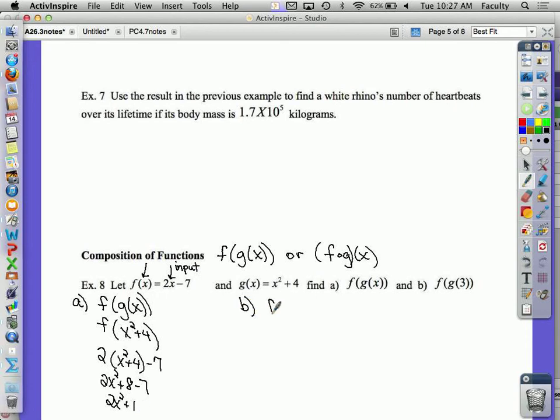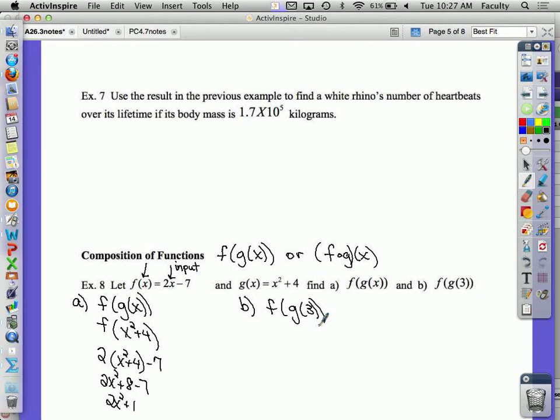Letter B says find f of g of 3. Now, what's really neat is what we were doing with our function machine when we started with 5 and 3 and negative 3 and negative 1. Those are numbers, and we know how to do those. If I cover that up, what's g of 3?